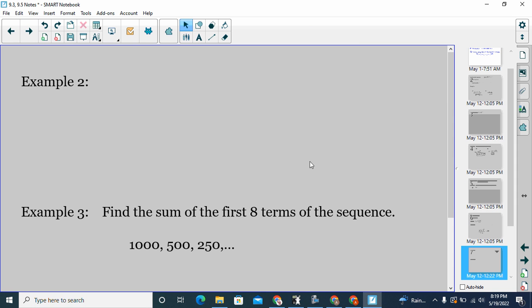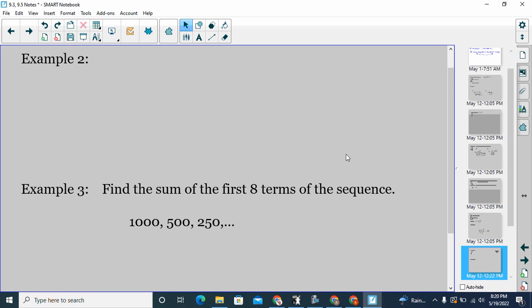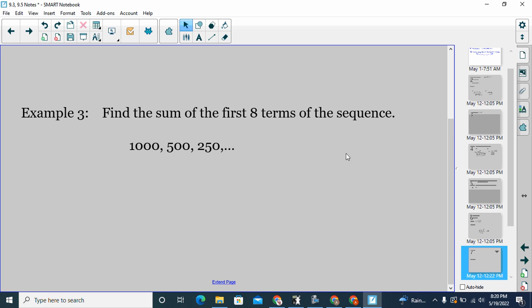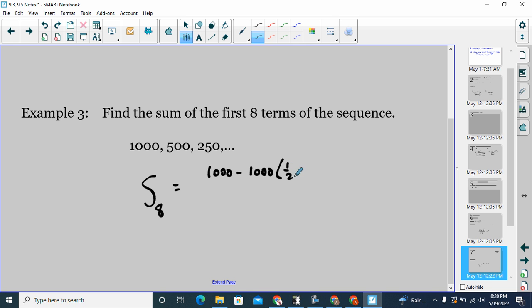Let's try this one down here. Find the sum of the first 8 terms. 1,000, 500, 250, and so on, times 1/2, times 1/2. So it's geometric. The sum of the first 8 terms is the first term minus the first term times the common ratio to the n, all over 1 minus the common ratio.